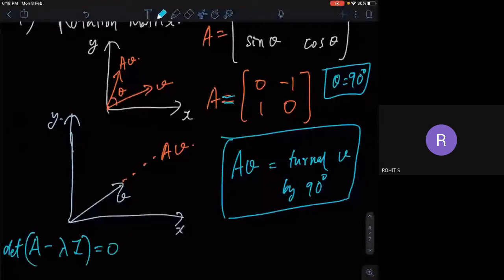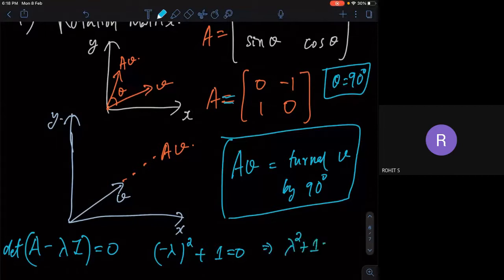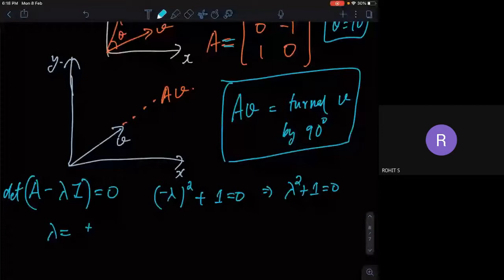And that turns out to be minus lambda the whole square plus 1 is equal to 0. You can just try this out. This basically is lambda squared plus 1 is equal to 0. In other words, lambda is equal to plus minus i, right?